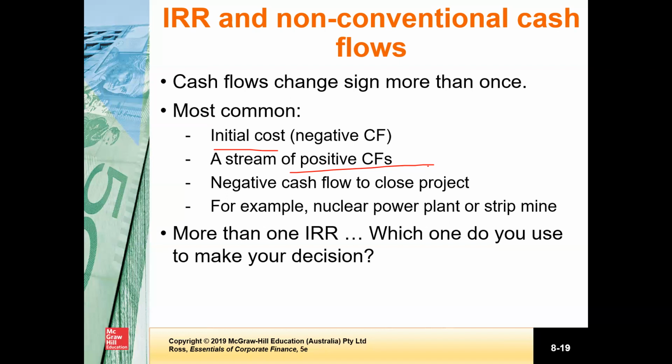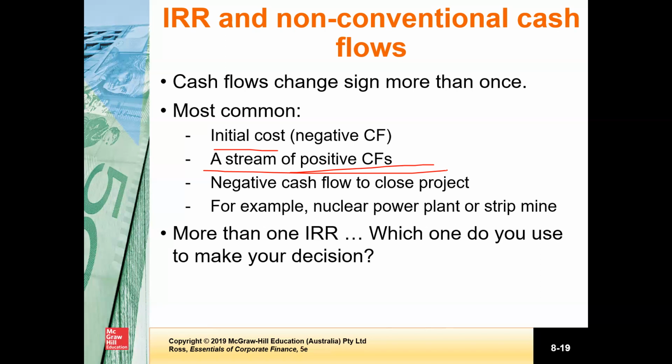However, non-conventional cash flow means you have a negative cash flow at the inception of the project, and you also have a negative cash flow during the life of the project. So it will not be simply a stream of positive cash flows. How is it possible?